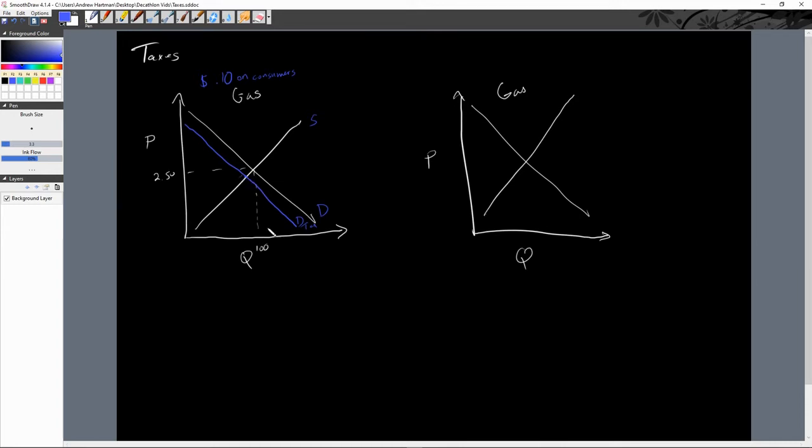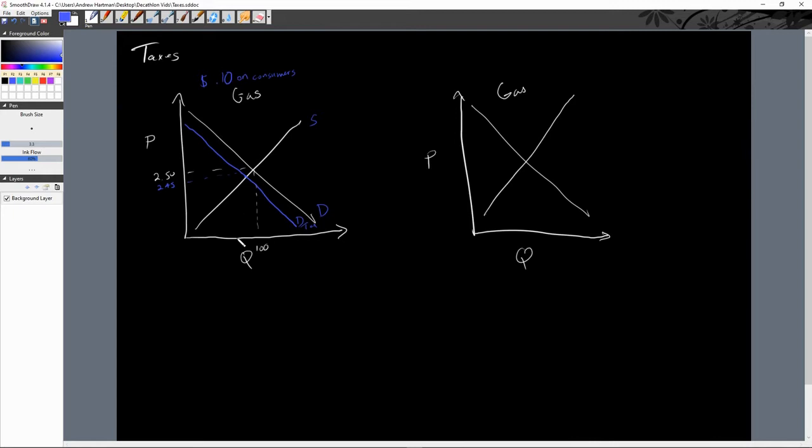Okay, so what we're going to see here is a new equilibrium point at a point in between $2.50 and $2.40. Let's call it $2.45 for right now. Okay. So we have a new equilibrium, and this changes a few things.